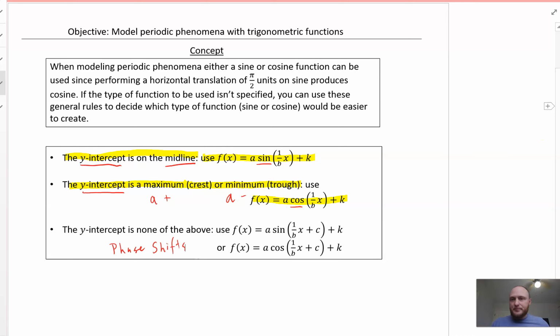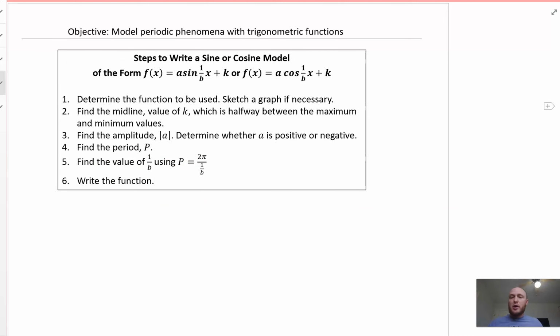So what are our steps for these problems? This is something that maybe in your notes you want to go back to throughout the lesson. Here are our steps to write either a sine or a cosine model of these general forms: A times our function of 1 over b times x plus k. All right, so step one.